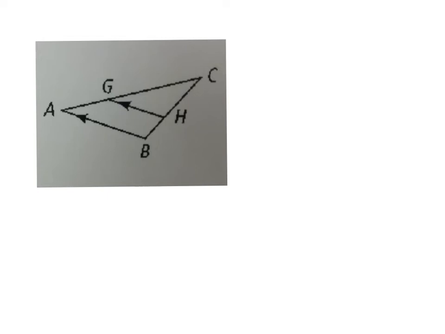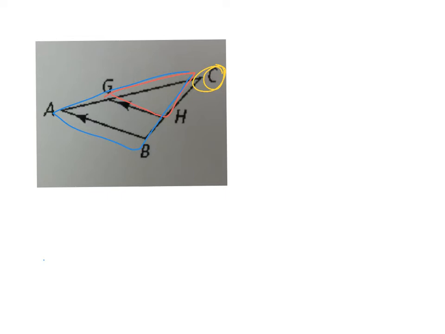And the last one in this section doesn't have any numbers on it. Again, we are comparing the small triangle in red to the big triangle in blue. First thing you should notice is they share this angle C. It's reflexive. Then we also need to notice that we have parallel lines in this problem. Parallel lines make corresponding angles.